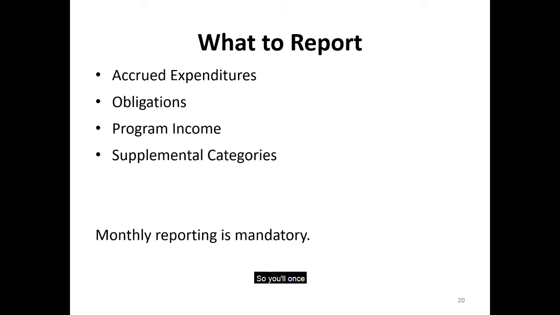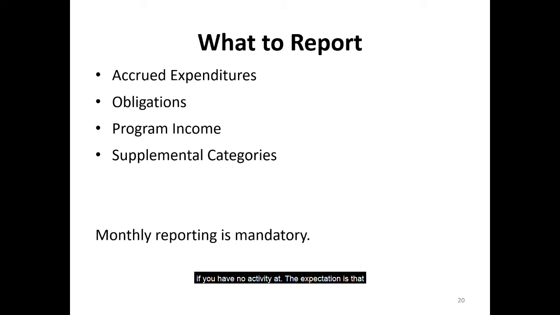So once you have an initiated contract with TWC and you have a user who has the ability to certify those reports, they have to be done on a monthly basis, even if you have no activity.